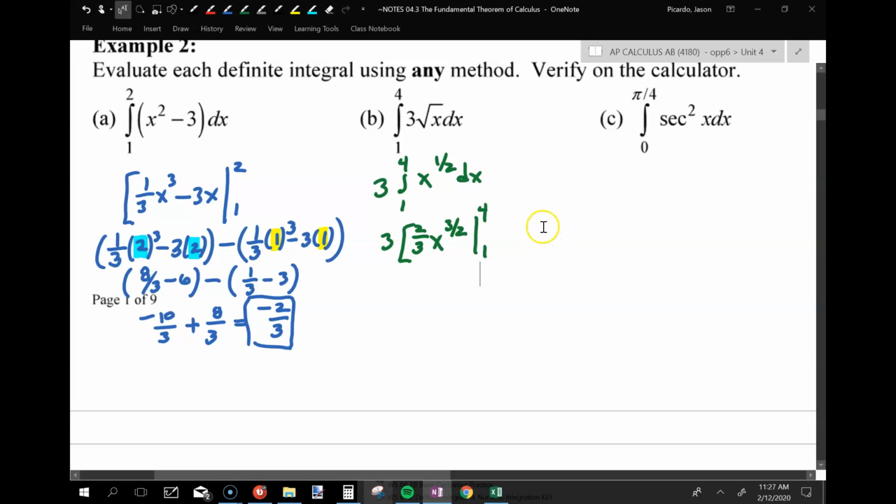All right, again, we expect you to be able to do this by hand. So it's going to be 3 times, with that, right?